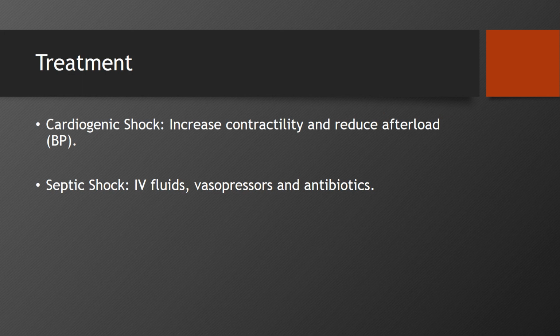So with cardiogenic shock, you're going to be giving medications such as vasoconstrictors, like your vasopressors. You want to give medications such as dobutamine, norepinephrine, nipride, nitroglycerin. Again, we'll talk about these medications on Monday, so don't panic, okay?